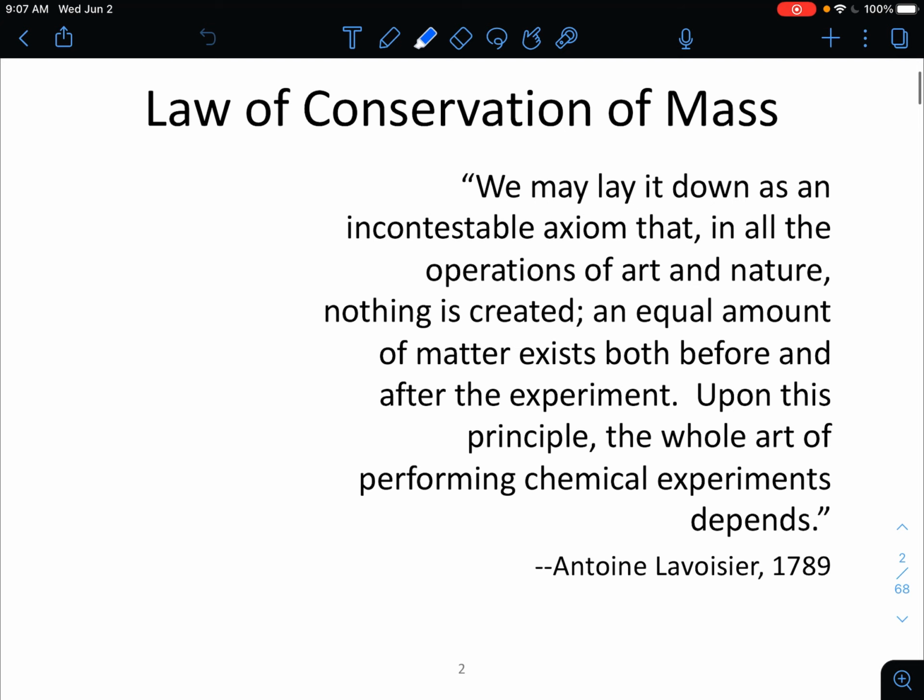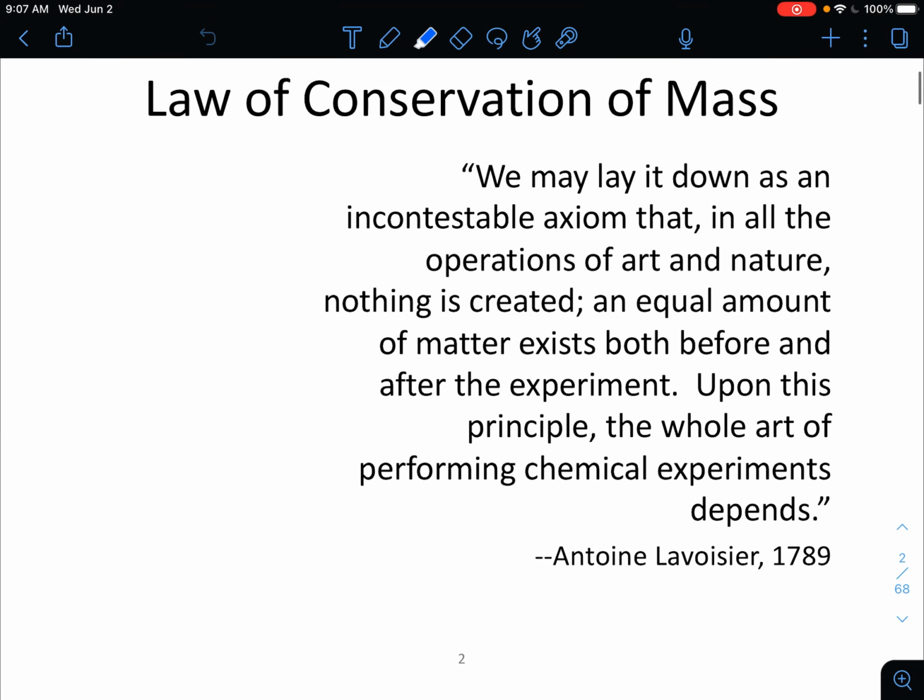One of the major goals in this chapter is to be able to work with a chemical equation and use that chemical equation to predict the amounts of products that we're going to form. In order to do that, one of the key parts we're going to need to keep in mind is something we already saw in the chapter 2 slides, the law of conservation of mass from Lavoisier, which is pretty wordy, right?